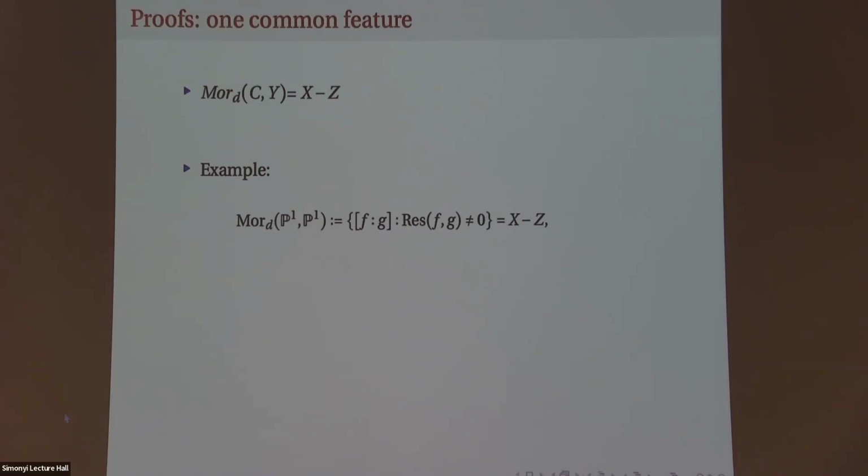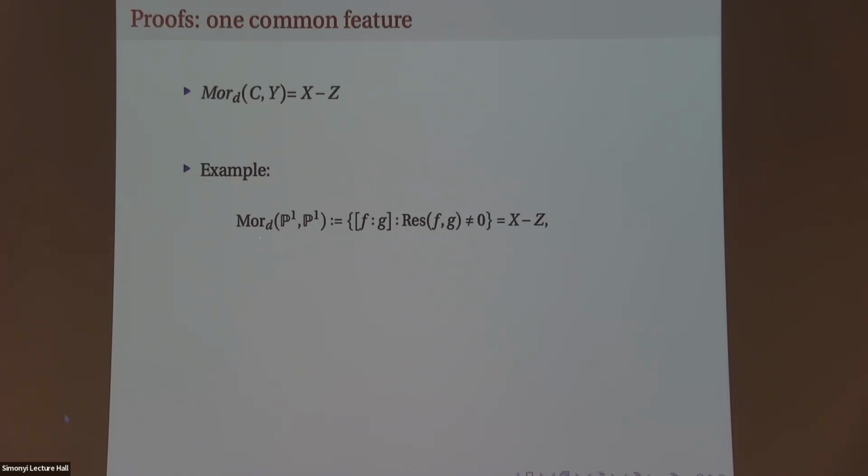So just a quick example, in the baby case, if one takes just maps from P1 to P1, as I explained here, the resultant non-zero locus, the resultant of two polynomials being non-zero, is precisely the case where you get a morphism from P1 to P1.